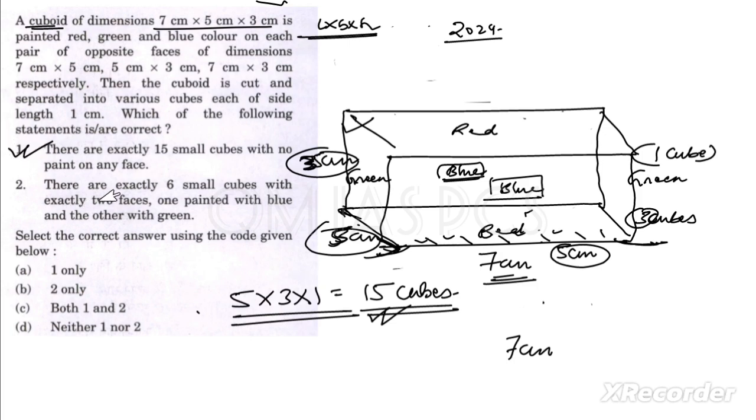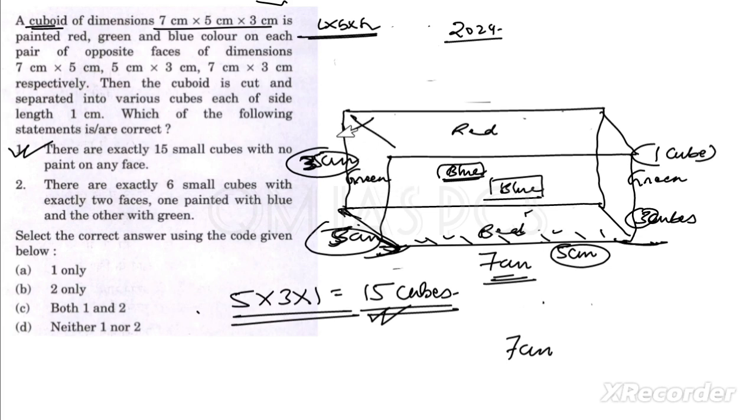Now the second one: there are exactly 6 small cubes with exactly 2 faces, one painted blue and the other painted green. See, blue and green they are asking. Blue means back one and front one. Green is left and right. So how many cubes are painted with blue and green?